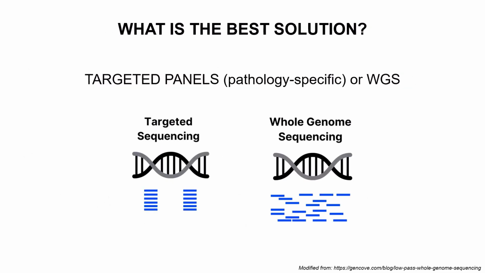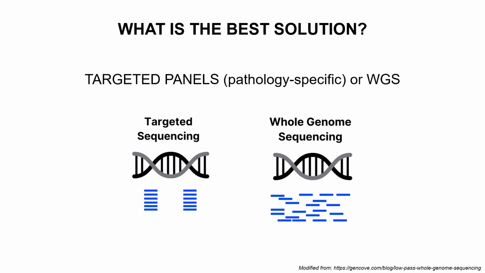The best solution between whole genome sequencing and targeted next-generation sequencing approaches depends on the specific goals of the study or of the clinical application. WGS is advantageous for comprehensive genome-wide analysis and discovery, while targeted next-generation sequencing offers efficiency and depth for focused investigation into specific genes or pathways.